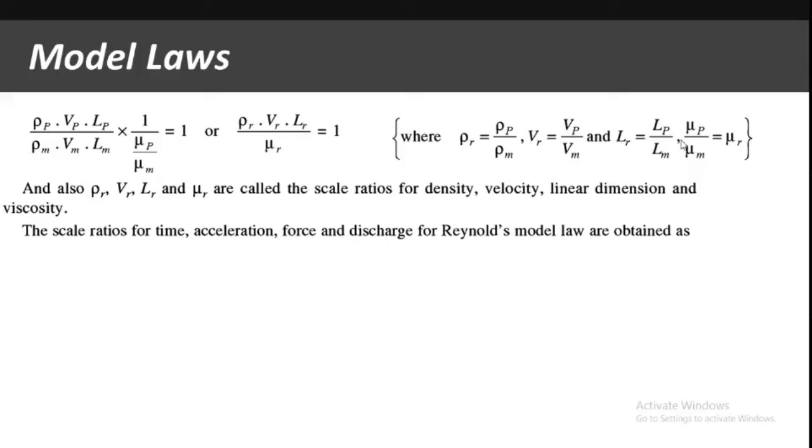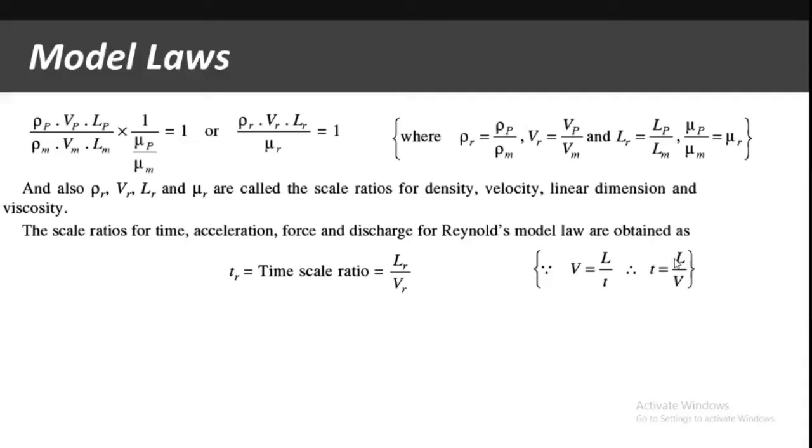Then scale ratios for time, acceleration, force and discharge can also be obtained. Now, time ratio. We already know velocity is length upon time, so time is length upon velocity.